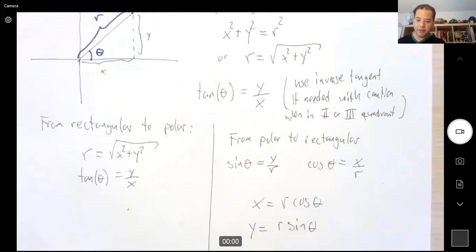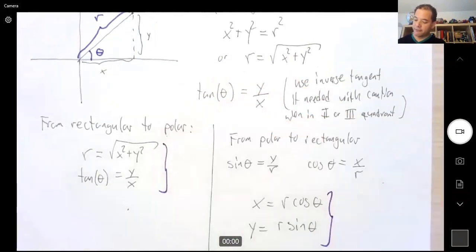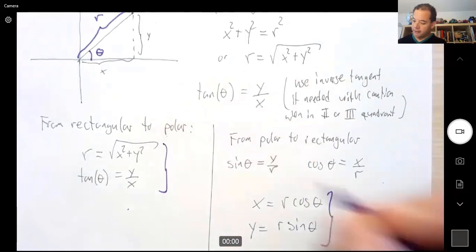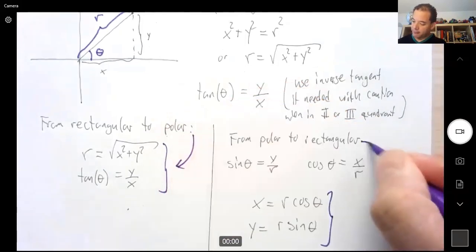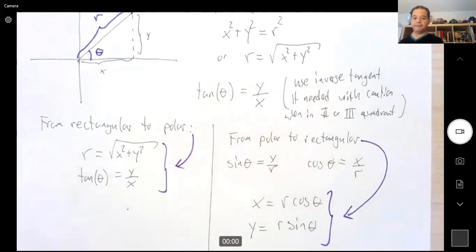These are your formulas to go from one to the other. So these are from rectangular to polar, and these are from polar to rectangular, right? Is that clear? Let's put them in practice with a specific example.